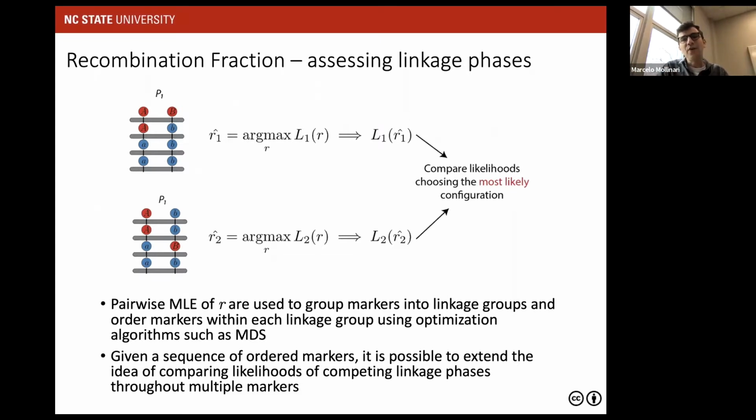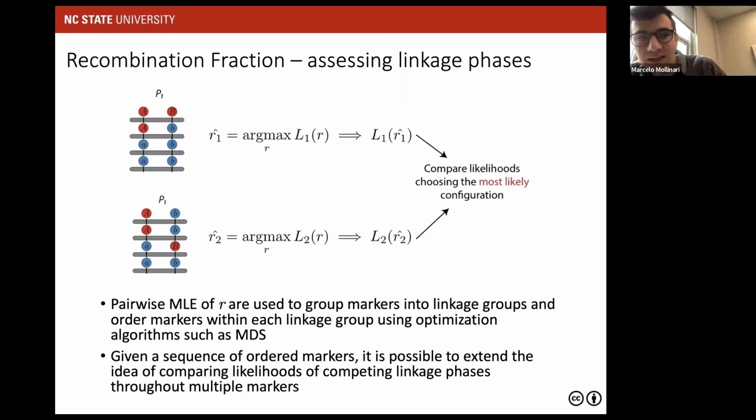And of course, if you have this, you can build a map or you can try to infer the inheritance just using this situation here. Because you have your recombination between all possible markers in your population, right? And then you can group them in chromosomes, and you can have your recombination fraction, and then you have a map.